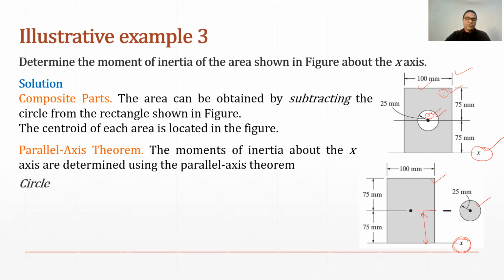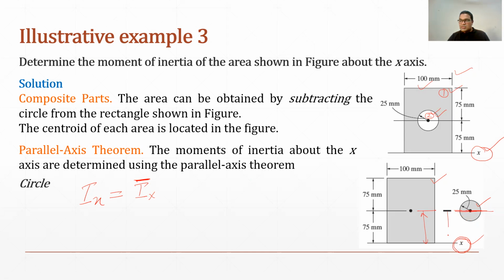circle. So finding the moment of inertia of circle, we will use the parallel axis theorem, and the formula for parallel axis theorem will be like if we have to find out moment of inertia about x-axis for a circle, it will be I bar, which means moment of inertia of the circle about its centroid, because you can see this x-axis will be having a parallel axis of this circle passing through its centroid.